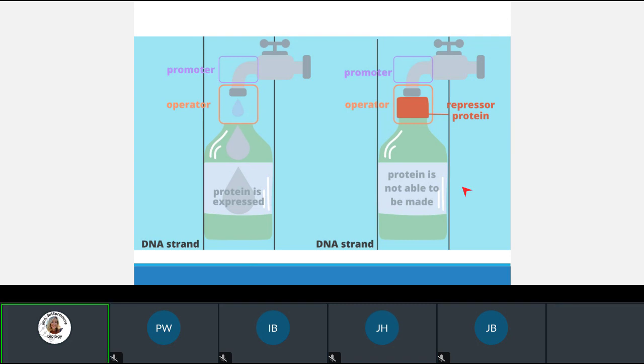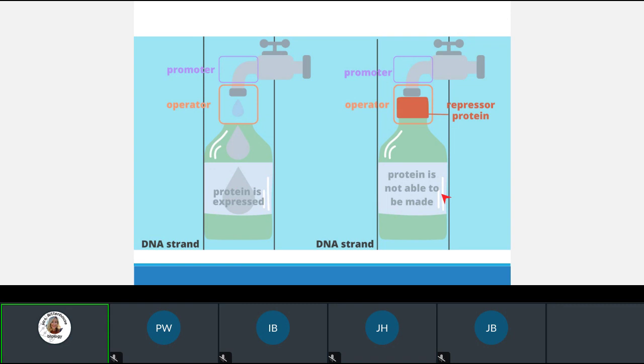So if you're making construction signs, promoter would be construction zone ahead, and the operator would be here's where the zone is. And then there would be the code, because then you usually see the trucks and the little painter, maybe painting the lines on the road or filling the asphalt. That represents those little pieces that are transcribed right there.